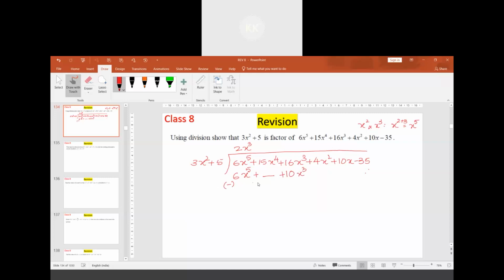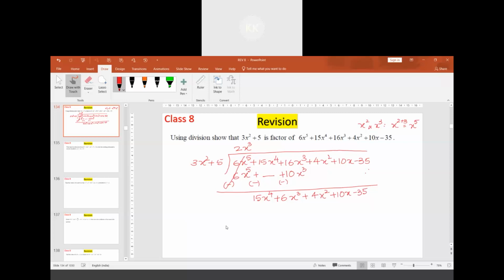Now we shall change the sign. This will get cancelled. This term will remain as it is, 15x to the power 4. Now 16 minus 10 will be positive 6x cube plus 4x square plus 10x minus 35.